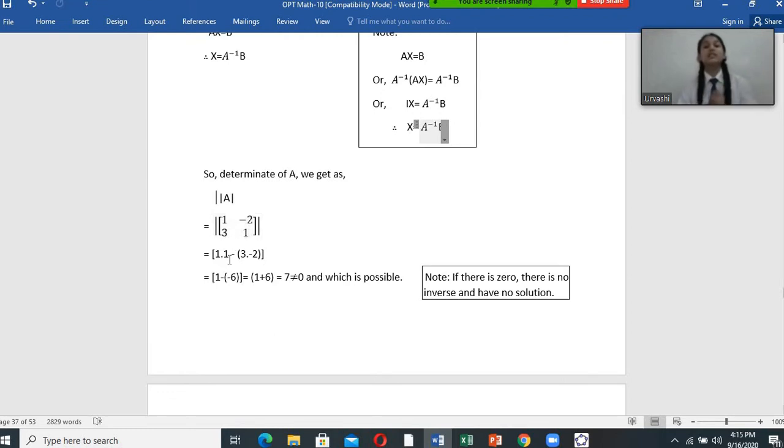Subtracting these two, we get the required value of the determinant of A as 7. It is not equal to 0, so it is possible to find the inverse. I have even made a second note: if the determinant of A is 0, there is no inverse and no solution.